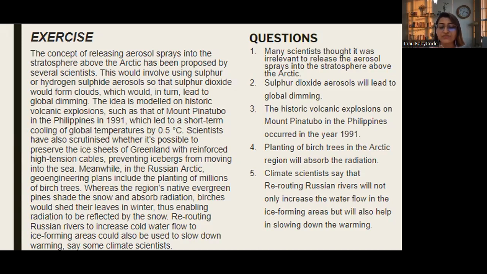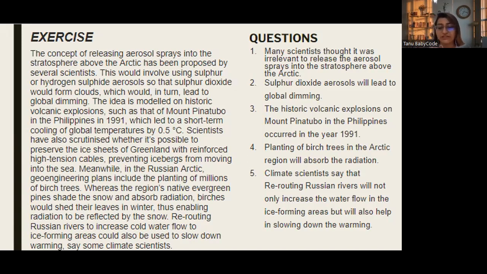Instead, the question has been twisted here, which says the scientists considered the concept as irrelevant. So it was actually relevant because the scientists proposed this thing. So the answer is false here.